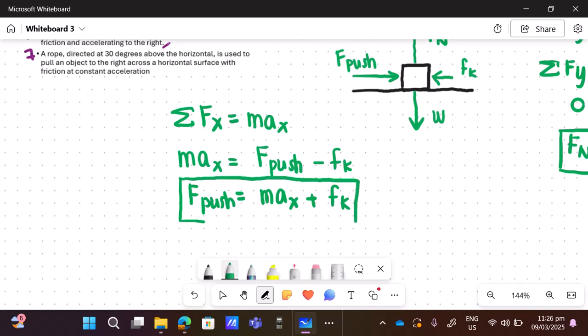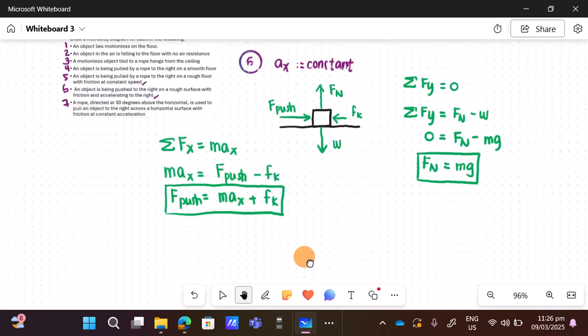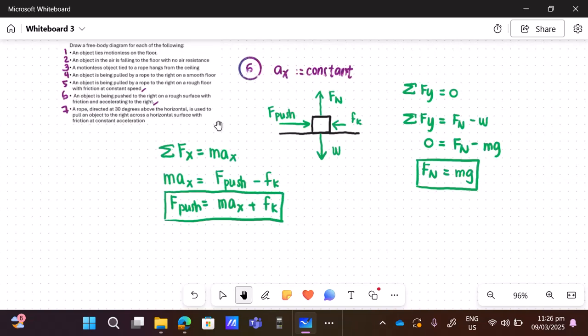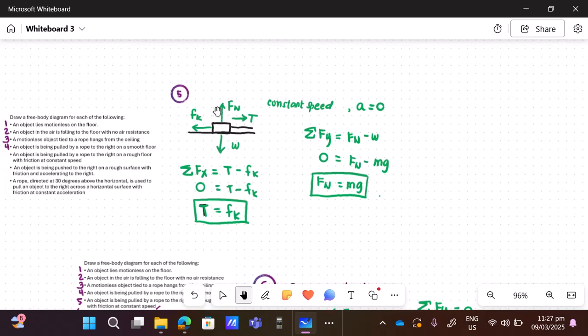Later on, when we encounter problems given the magnitude already, we'll see how the force by friction relates with the normal force. Here it is sensible enough that since the magnitude of the force applied is greater than the force due to friction, this is kinetic. Here in number 5, since the object is also moving, it's also considered kinetic friction.